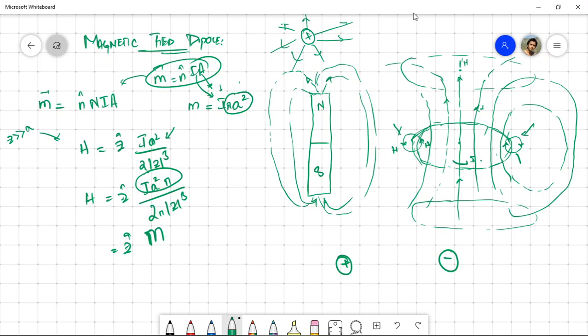So H is m over 2 pi z cubed, and if we enter the unit vector into m, so that m is now a vector, this is how we express the magnetic field intensity in the form of dipole moment. But he is saying that this expression applies for a point which is very far away from the loop.